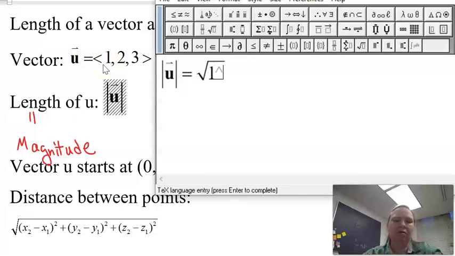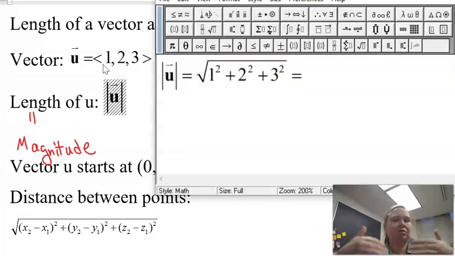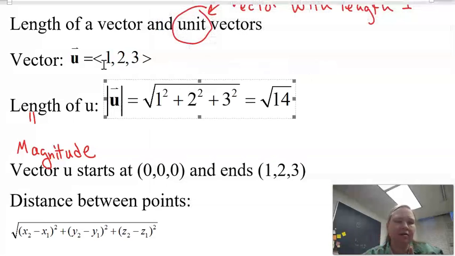So 1 is going to be squared, because that's like 1 minus 0, and 2 minus 0, and 3 minus 0. So that is going to be the length or the magnitude of that vector. Let's see, 1 plus 4 plus 9 is 14. So that is the magnitude of that vector.